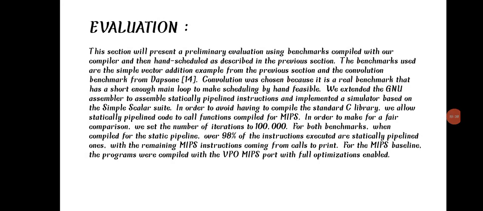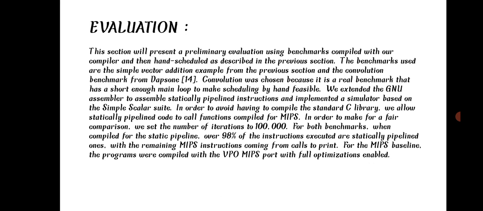Convolution was chosen because it is a real benchmark that has a short enough main loop to make scheduling by hand feasible. We extended the GNU assembler to assemble statically pipelined instructions and implemented a simulator based on the SimpleScalar, in order to avoid having to compile the standard C library.